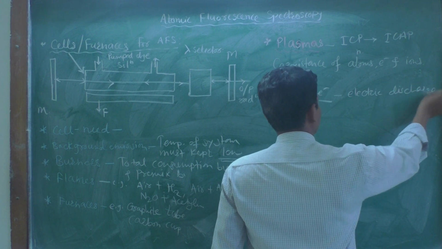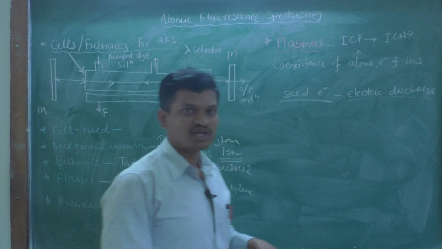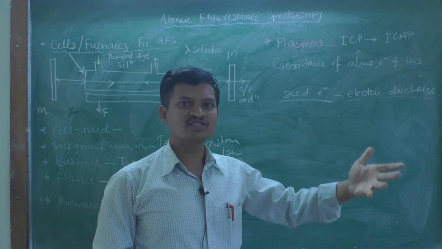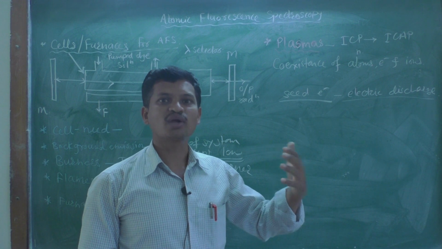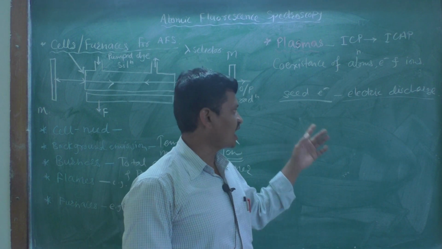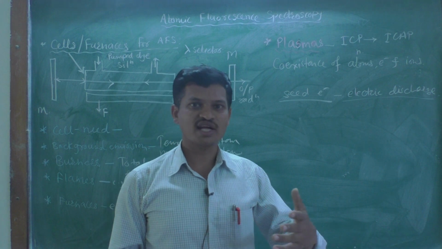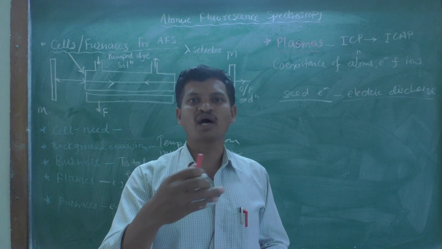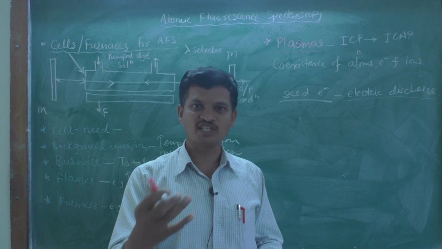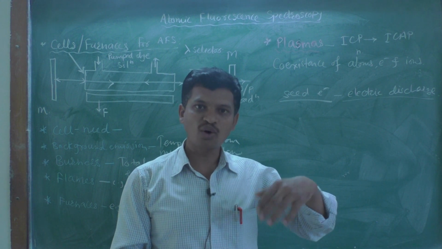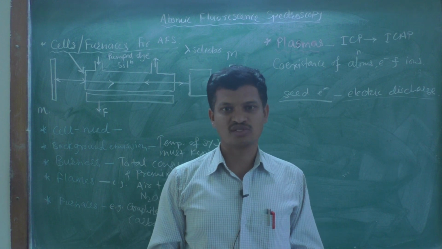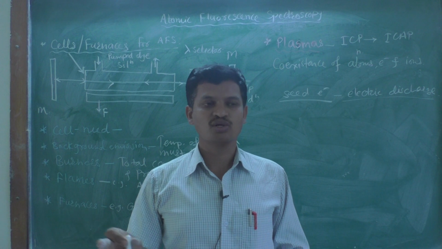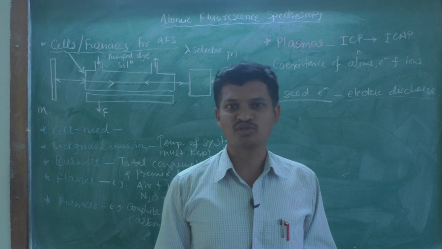Once these electrons enter the system, they strike the neutral argon atoms, and further ionization of the neutral argon atoms takes place into argon cations and electrons. This process then continues; we call it a self-sustained process.